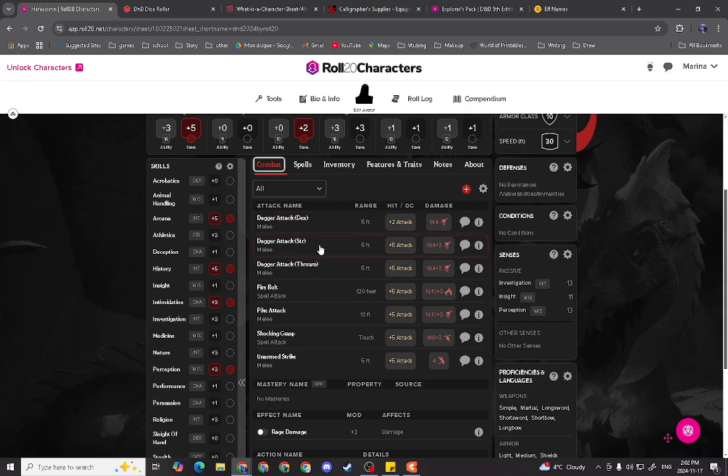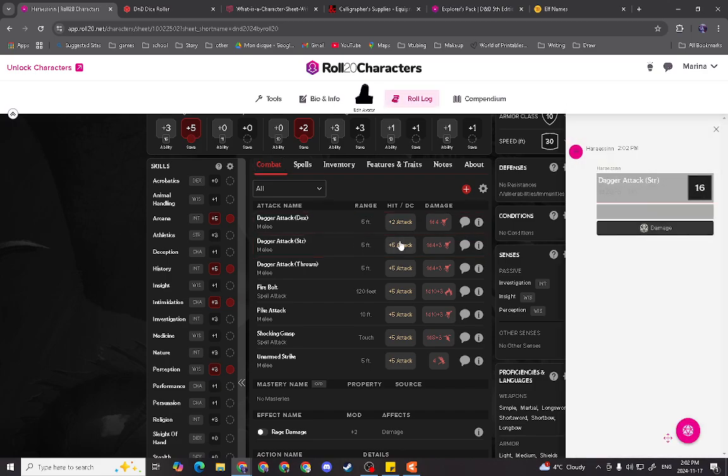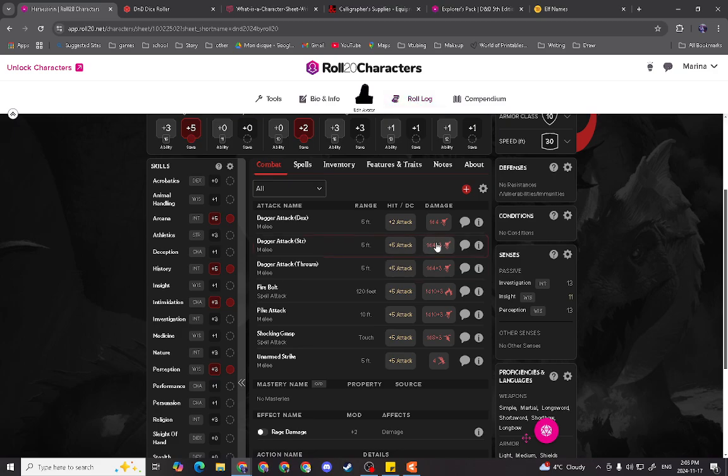You can either choose to go a dexterity dagger attack or a strength dagger attack. I would go with strength dagger. Okay. So, roll to hit. Is that D6 or D20?